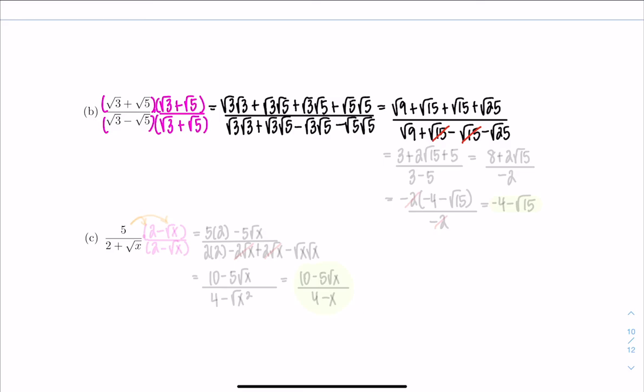So we end up getting 3 plus 2 square root of 15 plus 5 on the top. And on the bottom, we end up getting 3 minus 5. And so this becomes 8 plus 2 square root of 15 all over negative 2.